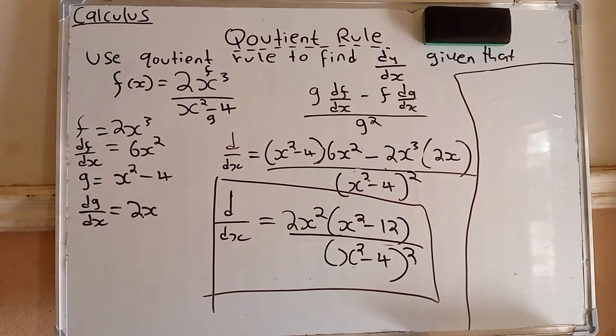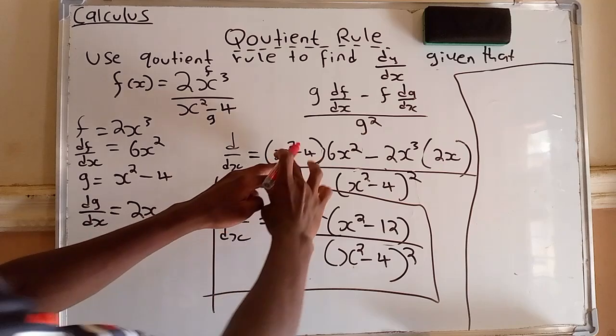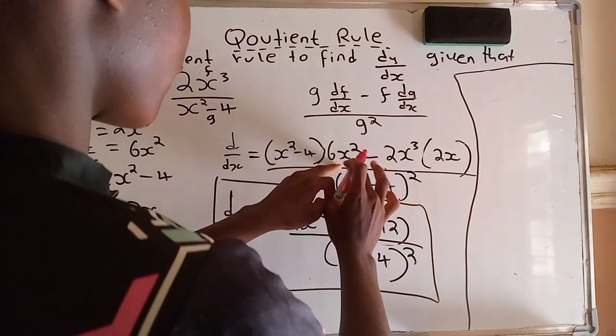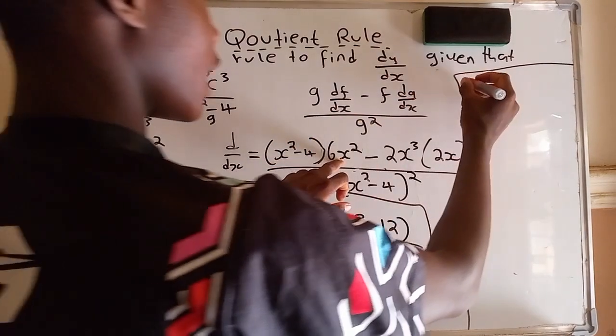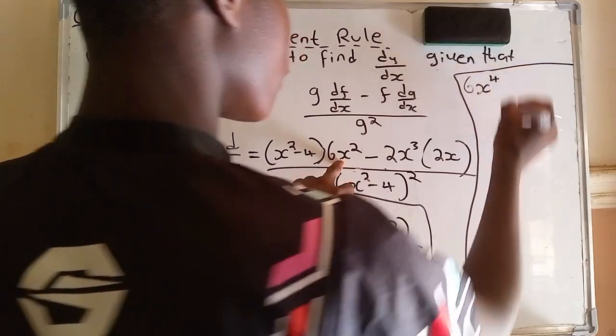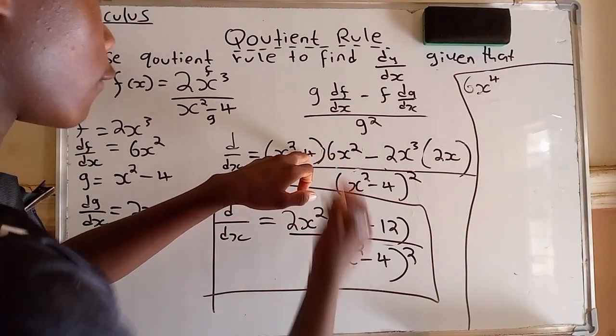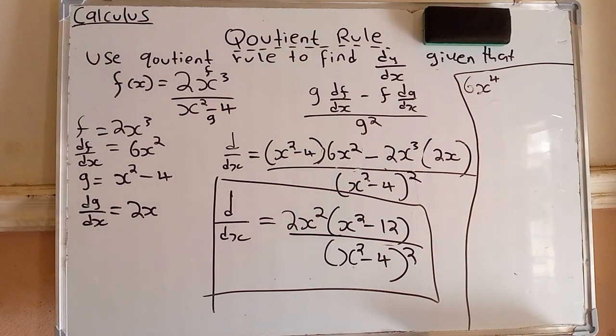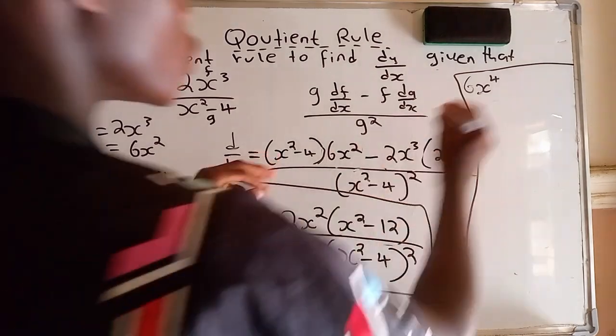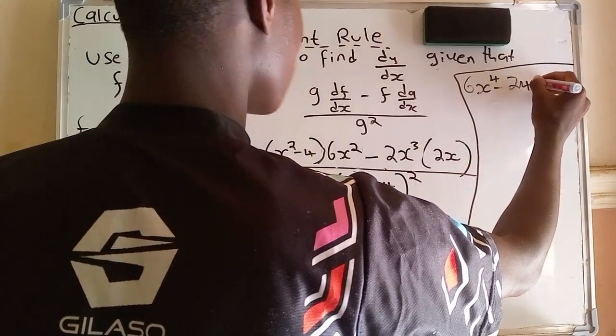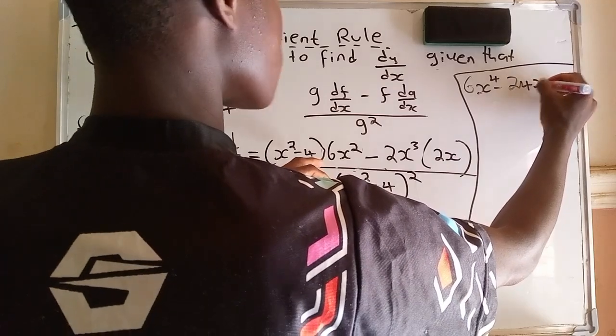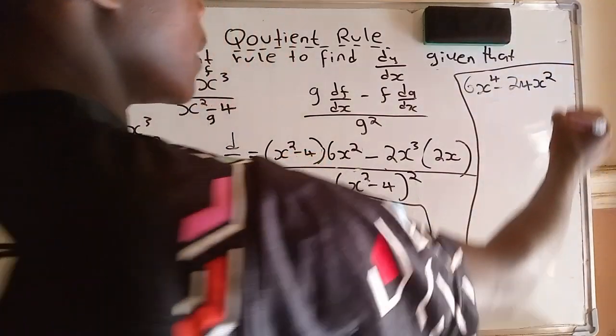How did we arrive at the final answer? If we say x squared multiplied by 6x squared, we have 6x to the power 4. And 4 multiplied by 6x squared, we have 24x squared.